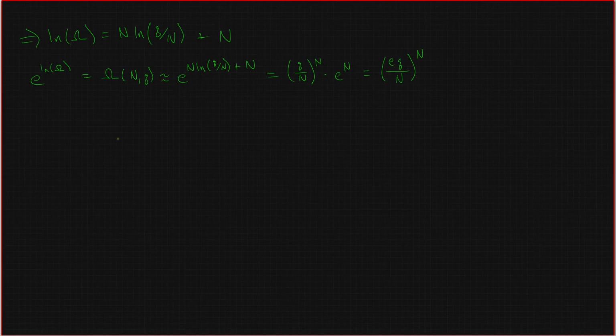All right, so for q much, much greater than n, and n much, much greater than 1, we have this. That is omega of n q. So it's approximately equal to that.